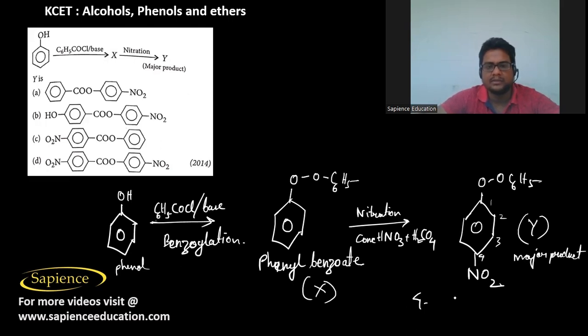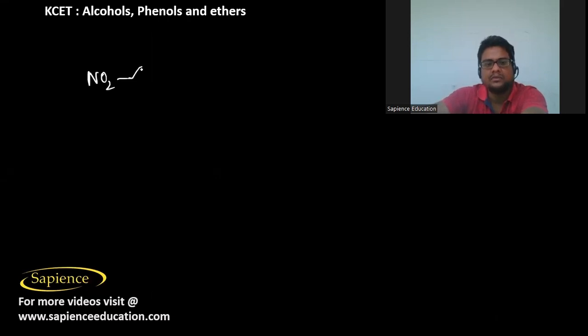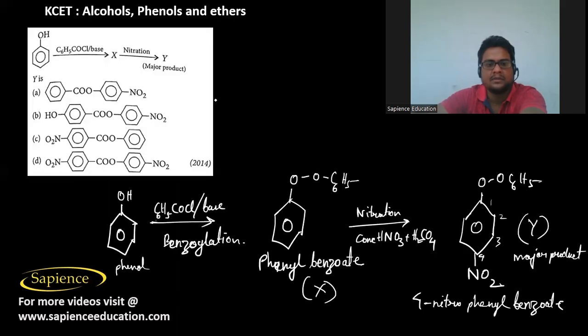So its IUPAC name is 4-nitrophenyl benzoate. If we draw its structure, then it will be like this: NO2, then the benzene ring here, then here COCl, carbon also will be there.